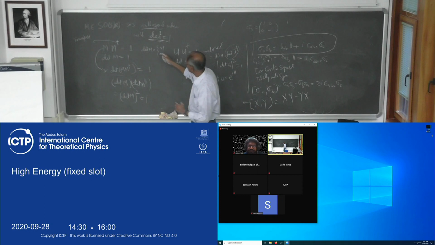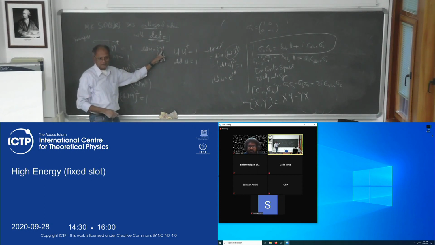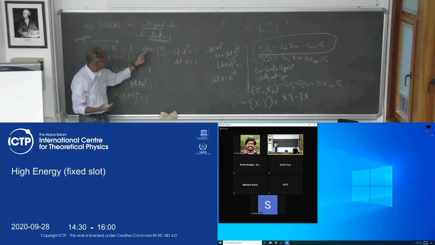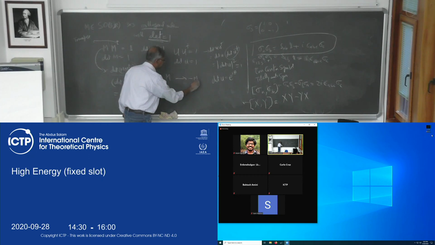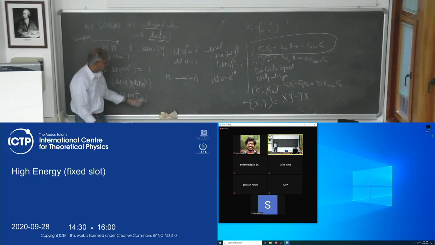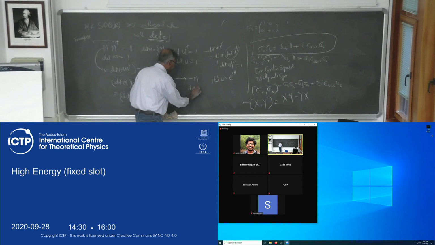Okay? So suppose I found an M such that determinant was +1. Can I construct another matrix whose determinant is -1? Well, I can just take M and replace it by -M. Right? Because if determinant of M was +1, then determinant of -M will be -1.